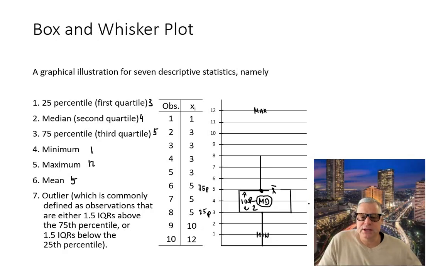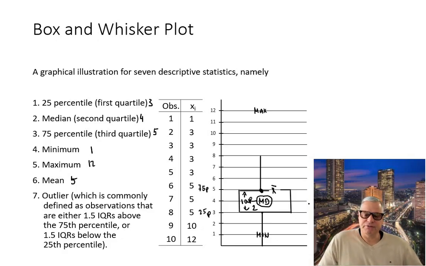So now we see that the maximum value is actually an outlier because it is more than 1.5 interquartile ranges above the 75th percentile. We don't have any outliers below.